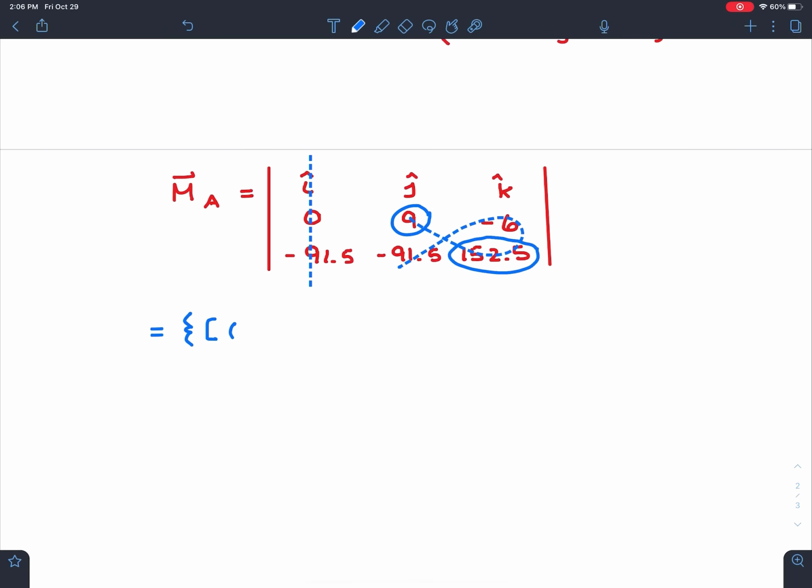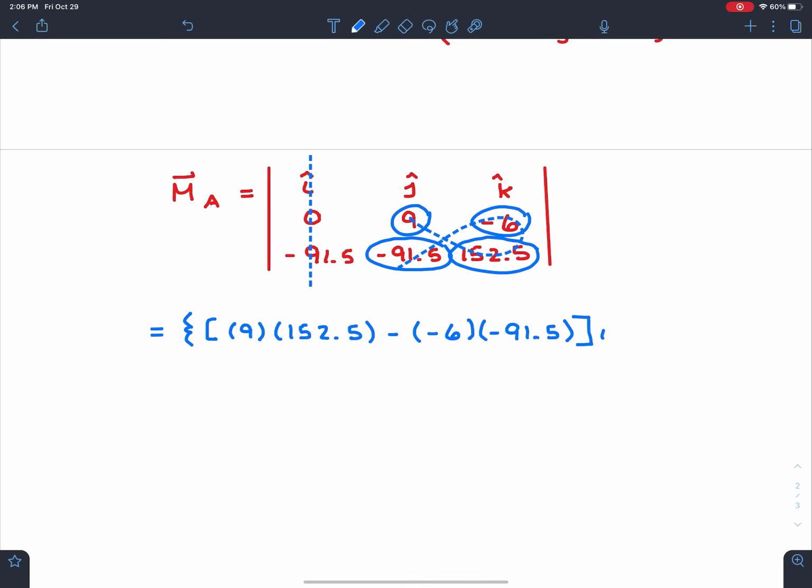So I'm going to go 9 times 152.5. And then once we go around the fish, we go minus, and then we go from -6 down to -91.5. So -6 times -91.5, just like this. And that, ladies and gentlemen, is going to be our I component.